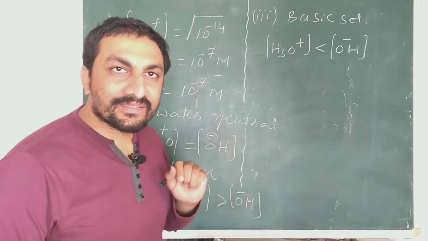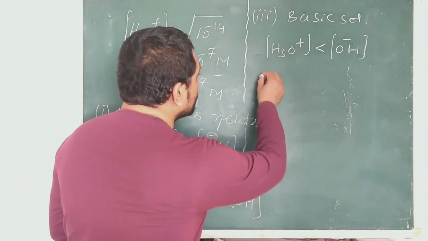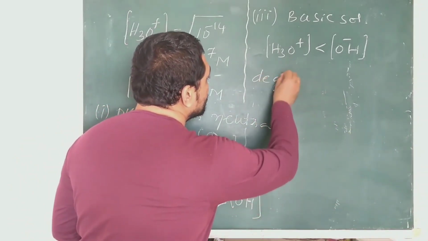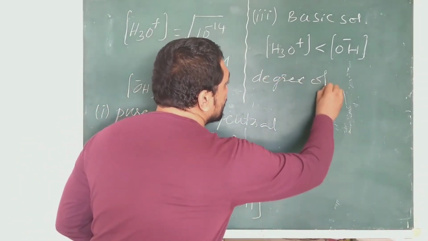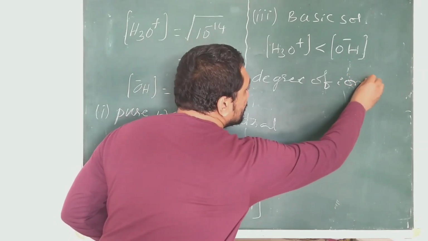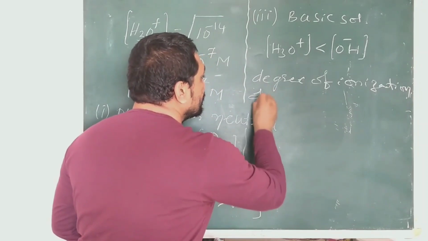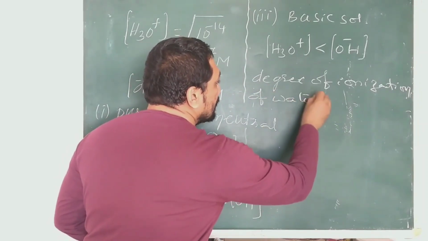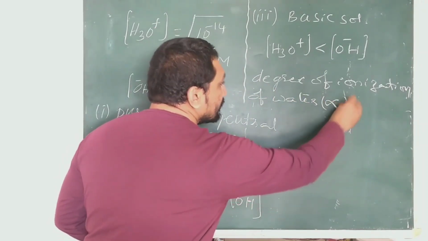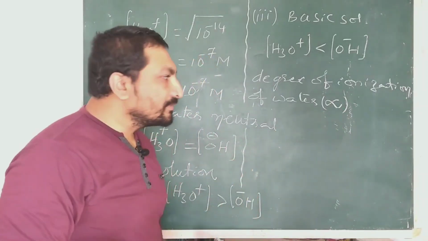Now the last part, that is the degree of ionization of water, that is alpha. So what is the alpha formula?